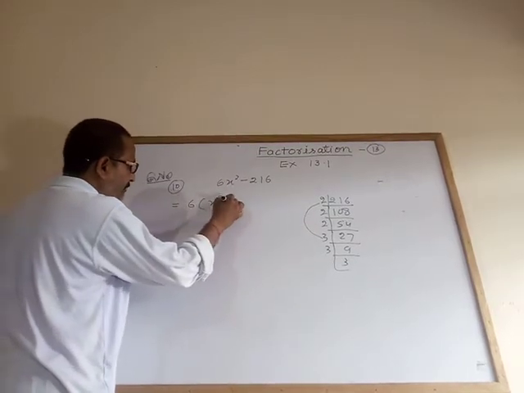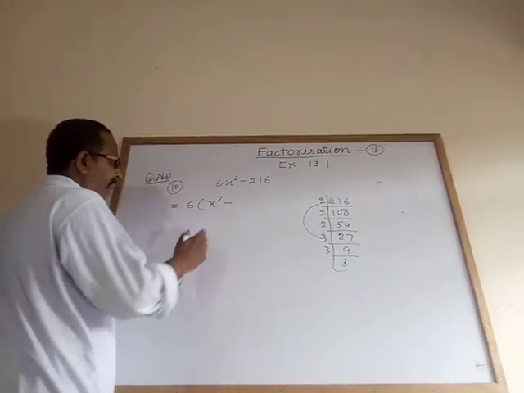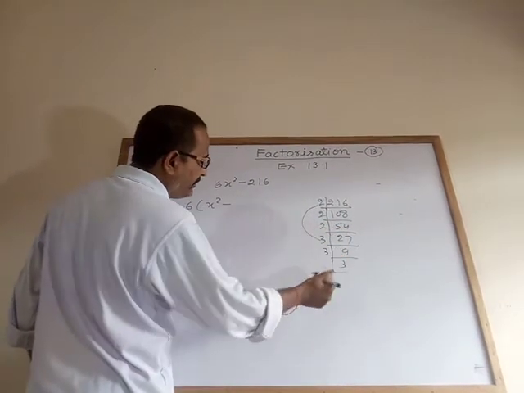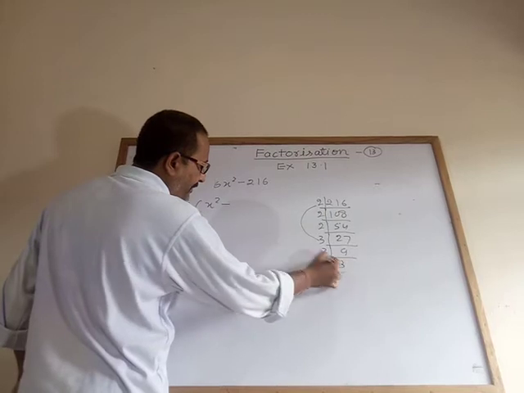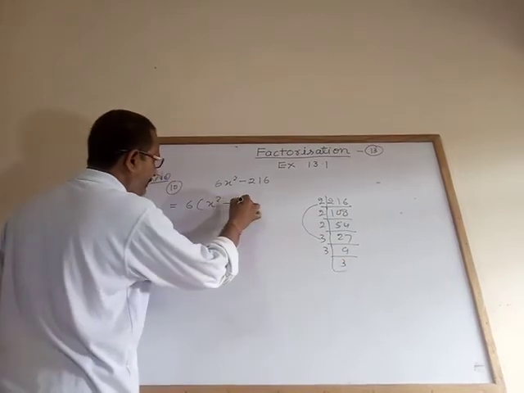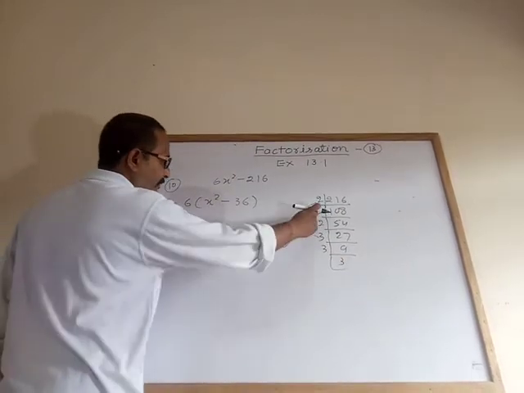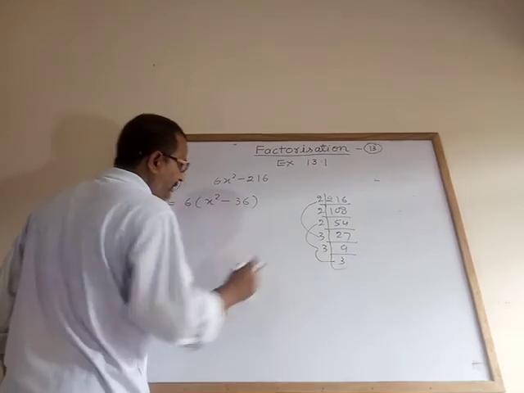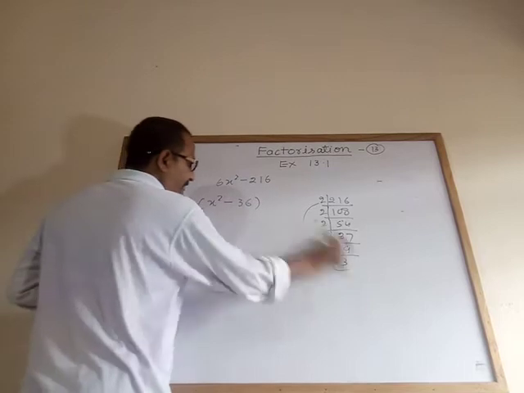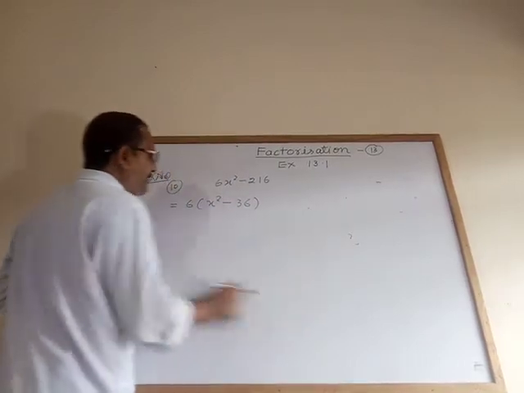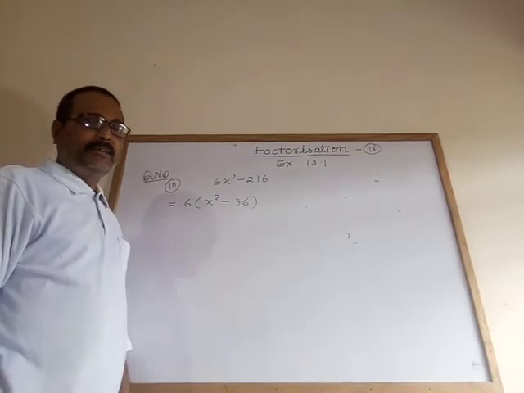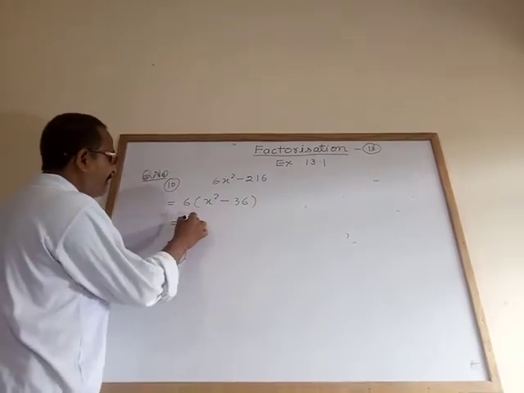x square minus, what is remaining? Remaining: 2 2s are 4, 4 9s are 36. 2 2s are 4, 4 3s are 12, 12 3s are 36. Now you know that 36 is a perfect square number. 36 is the perfect square number, that will be 6.